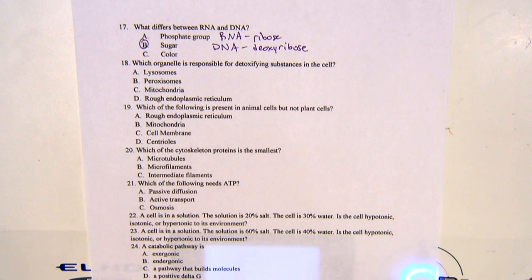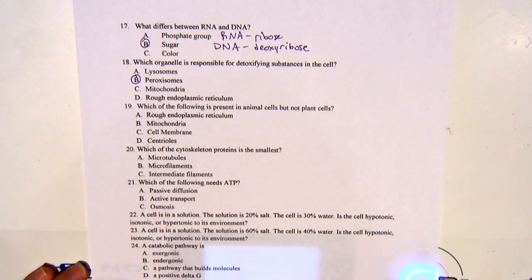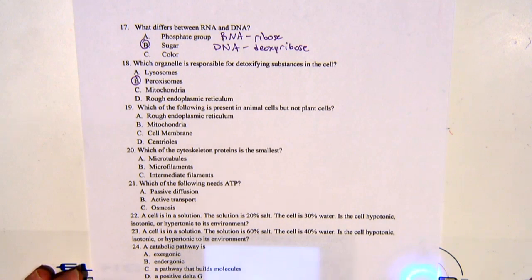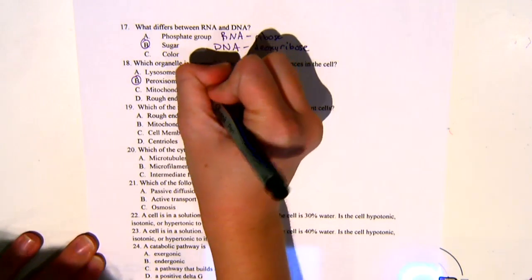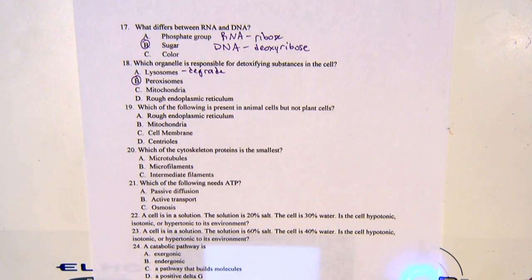18. Which organelle is responsible for detoxifying substances in the cell? That is going to be peroxisomes. Peroxisomes detoxify. Remember the ox. Peroxisome, detoxify. What do lysosomes do? Degrade. So it's very easy to confuse the two. So remember, peroxisomes detoxify.